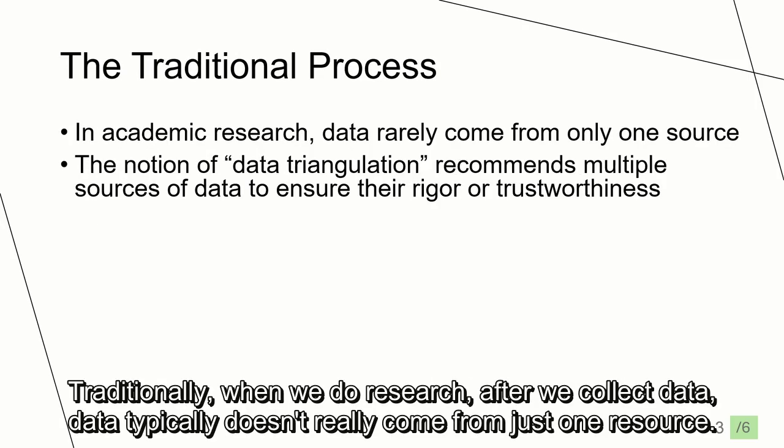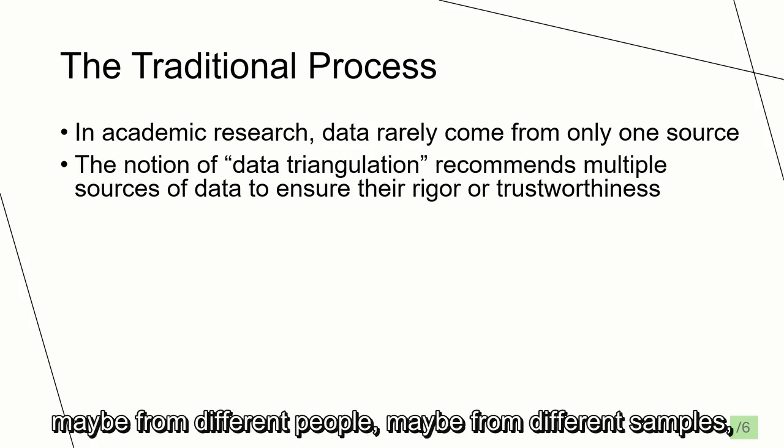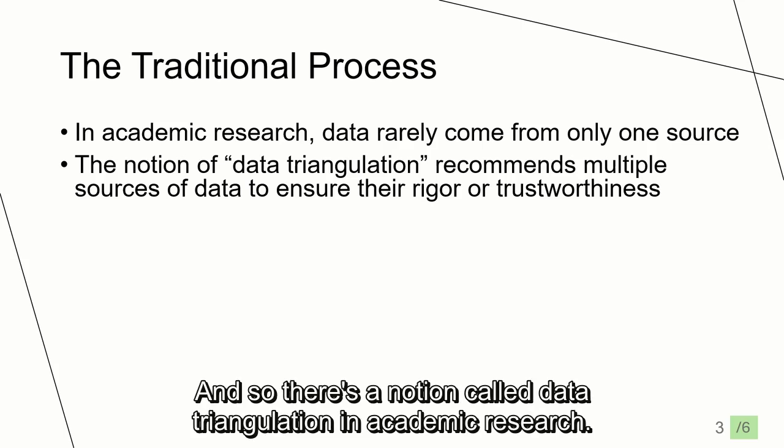Traditionally, when we do research, after we collect data, data typically doesn't come from just one resource. It probably comes from different sources, maybe from different people, different samples, or even different data types. And so there's a notion called data triangulation in academic research.